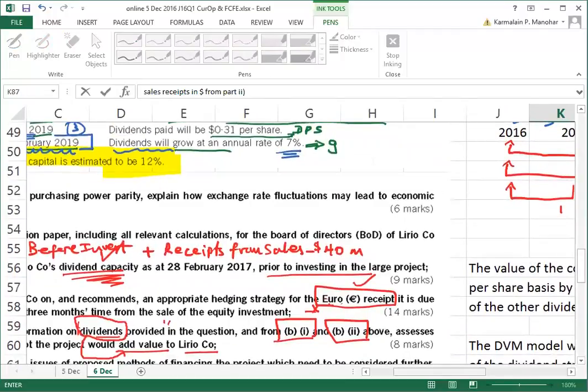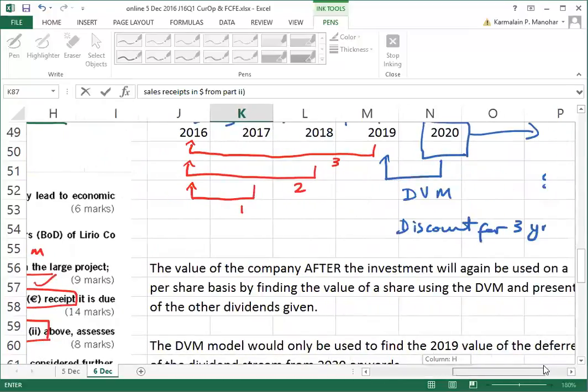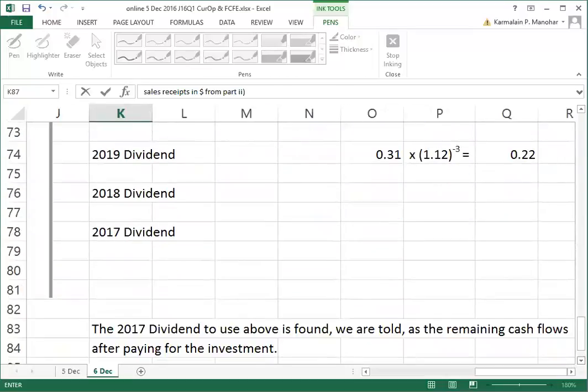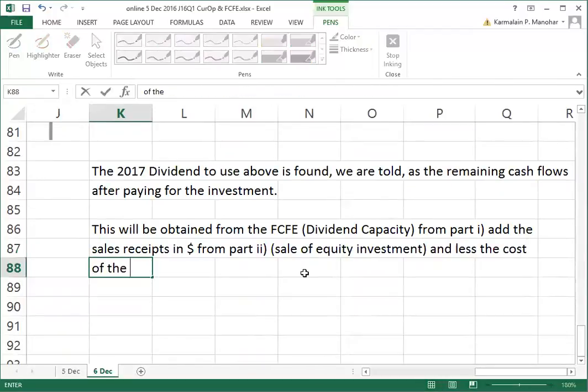Part 2. Advise and hedge strategy for what you should receive in 3 months' time from the sale of some equity investment. Right? Part 2, sale of equity investment, and deduct or less the cost of the new investment.